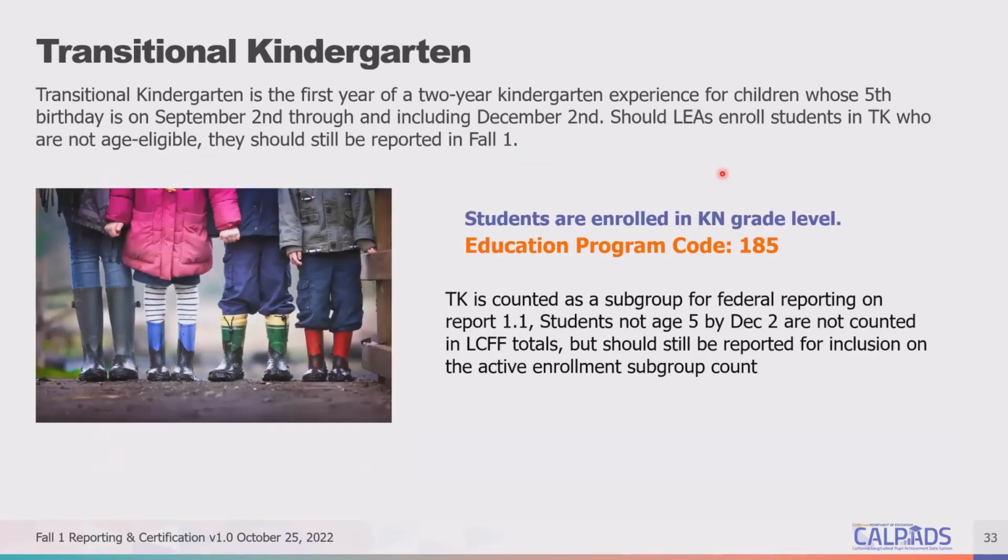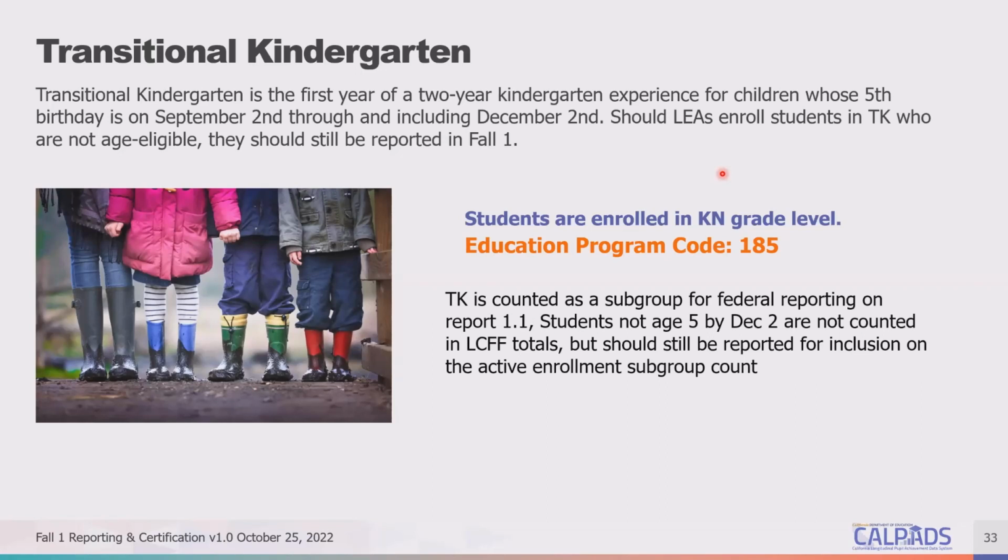And then, of course, you have your TK program. Your TK program is basically to reflect those students who didn't make the cut to be 5 years old during a certain period. So if a student, like mine a few years ago, whose birthday is in November, didn't make the September 5 cutoff, then of course they are automatically counted as TK. They are still a kindergarten student.